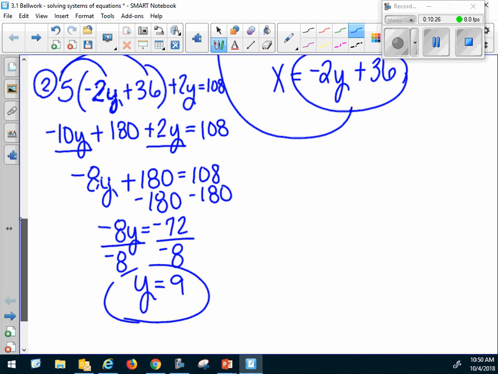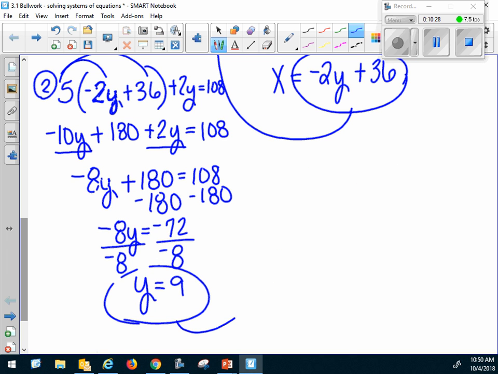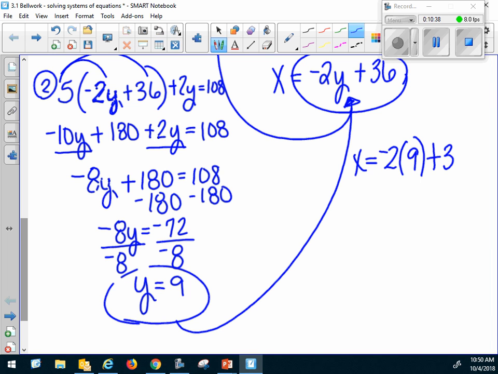So now we substitute this y in for the y over here. So we have x equals negative 2 times 9 plus 36, which gives us negative 18 plus 36, which is equal to 18. And is that what we had for x? Yes.